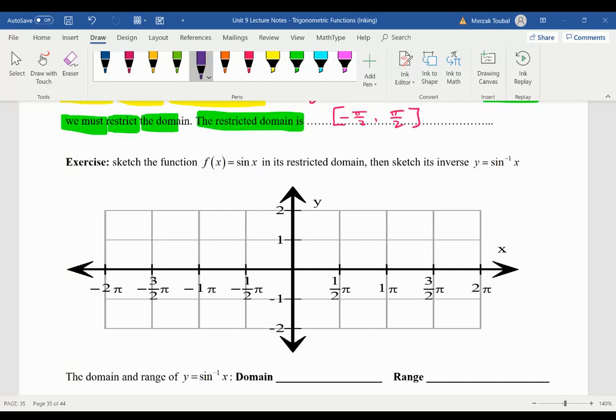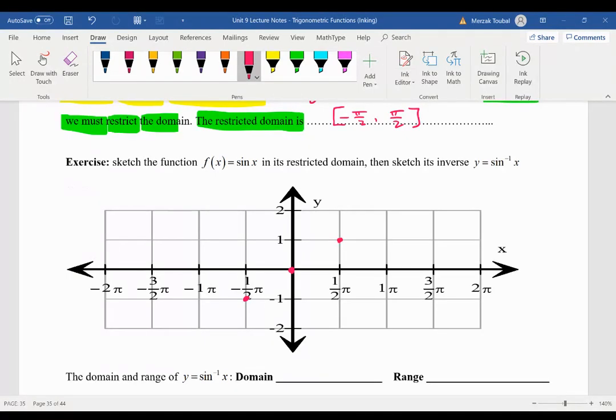Sine of negative pi over 2 on the unit circle is negative 1, which is here. Sine of 0 is 0. Sine of pi over 2 is 1.